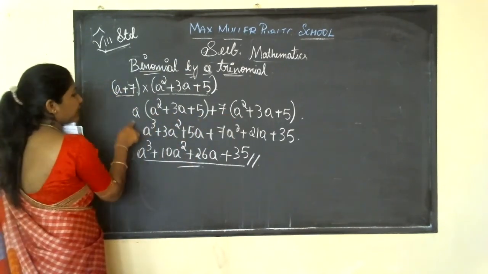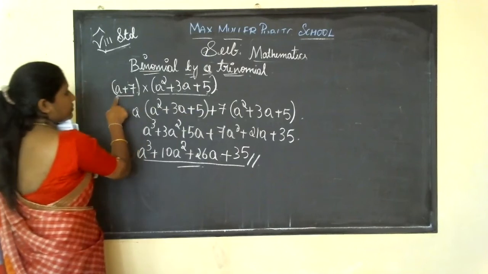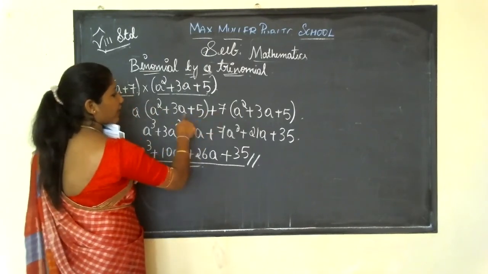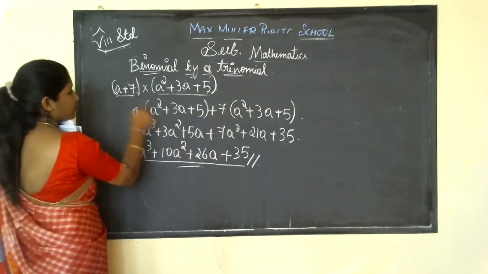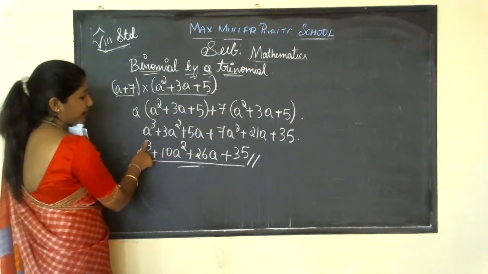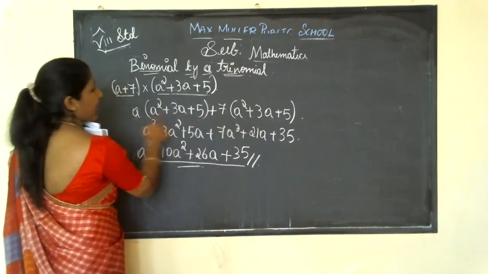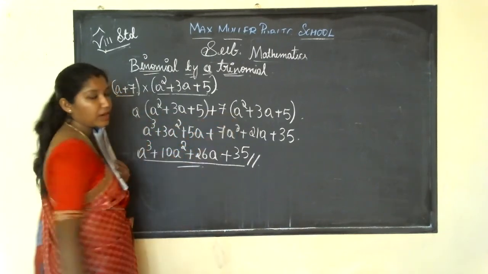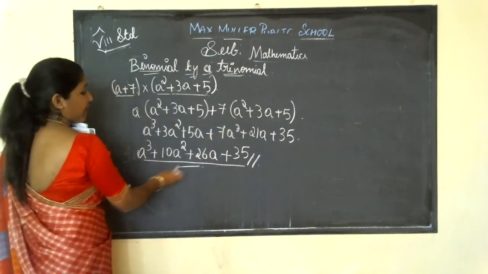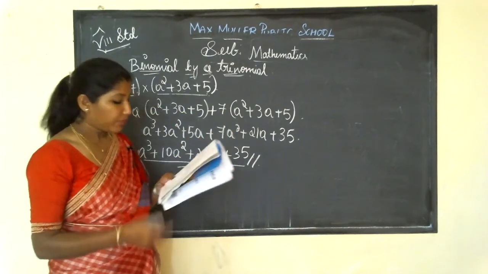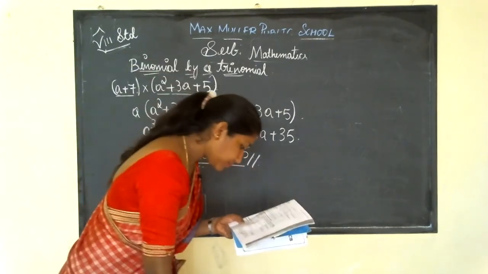And you are just splitting these terms in these 2 expressions, okay? 2 terms here, and then here you are multiplying each term with a and here each term with 7, and finally you will get this expression. Easy, no? Easy. You have to solve it.